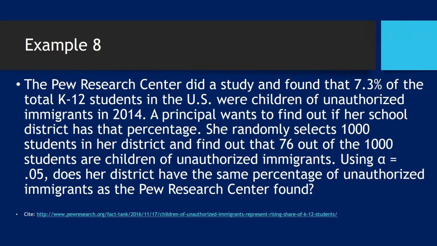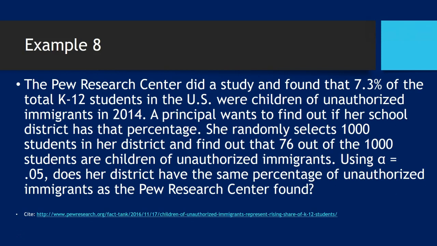All right, so here's the deal. Pew Research Center did this survey and found that 7.3% of the children, K-12 students in the U.S., were children of unauthorized immigrants in 2014. Principal wants to find out if her school district has the same percentage.